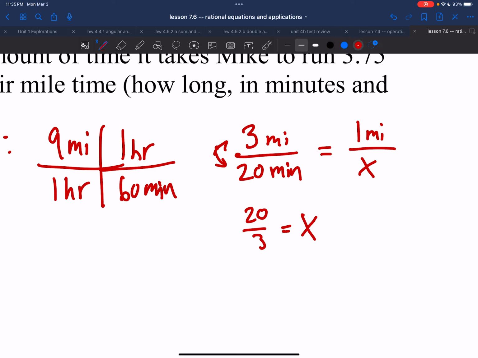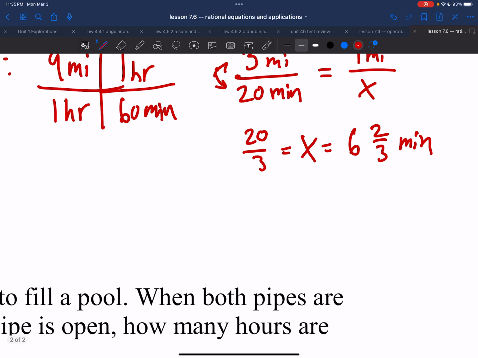Meaning x is 20 divided by 3, and we're going to convert that into a mile time. This is in minutes. 3 goes into 20 6 times to get 18, and then 2/3 remaining. And this is in minutes. So 2/3 of a minute is 40 seconds. So that is his mile time, 6:40.